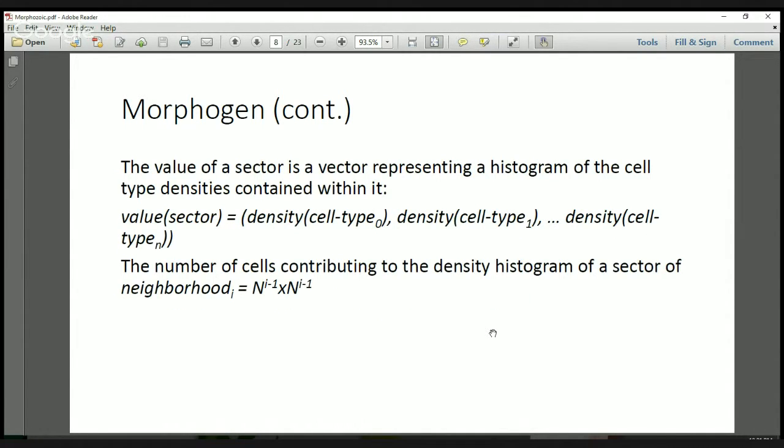I've coined the term sector, meaning one of the pieces of a neighborhood. So for example, a 3x3 neighborhood has 9 sectors.